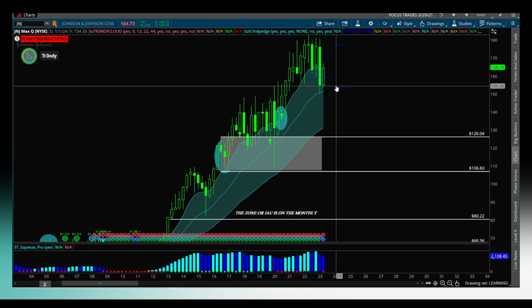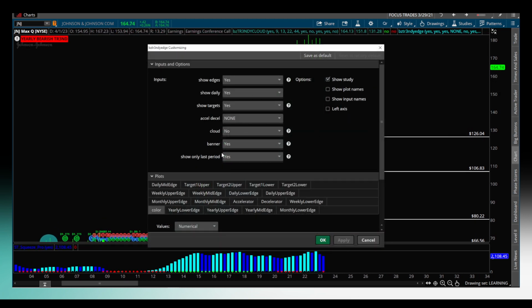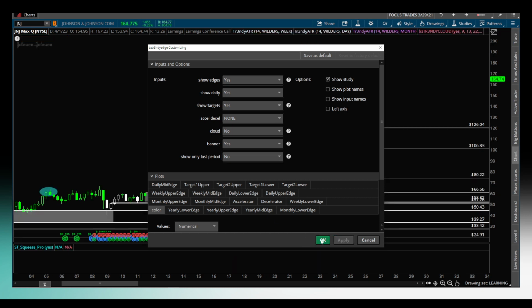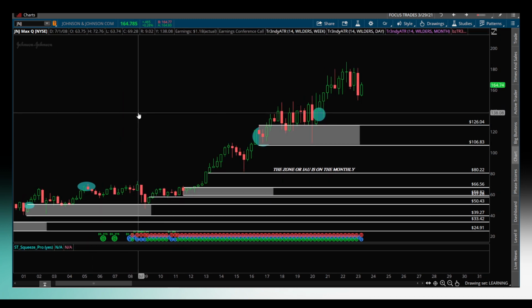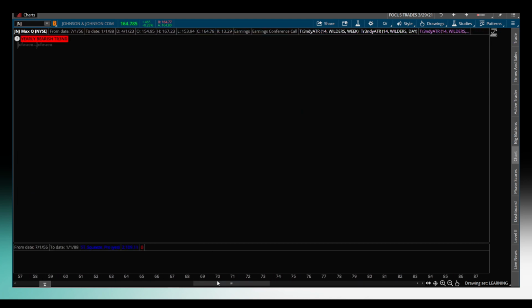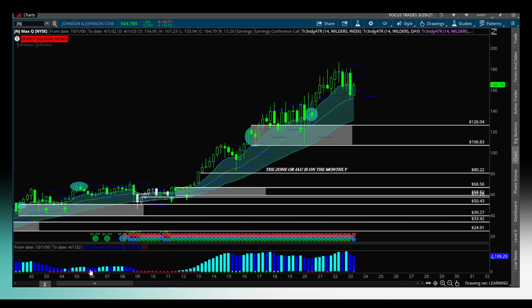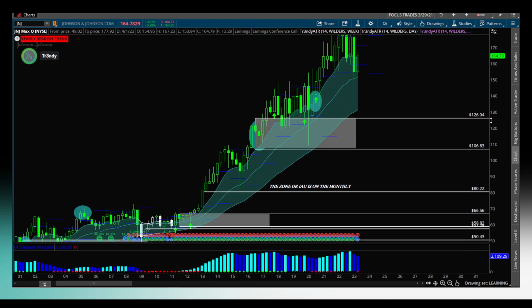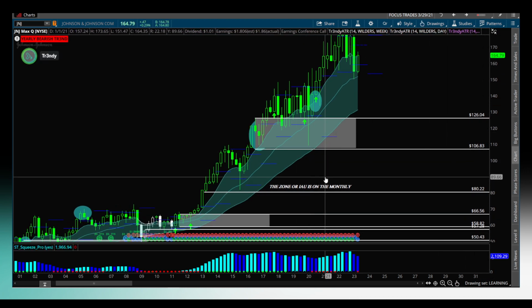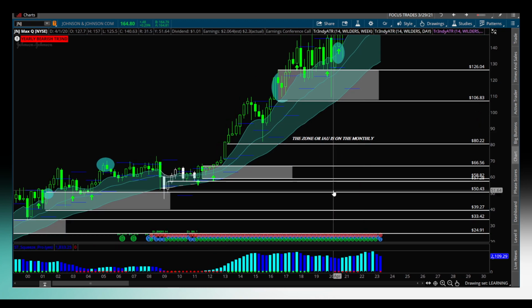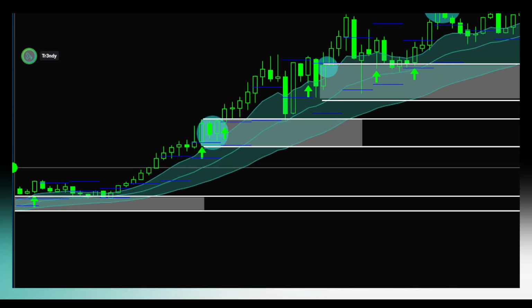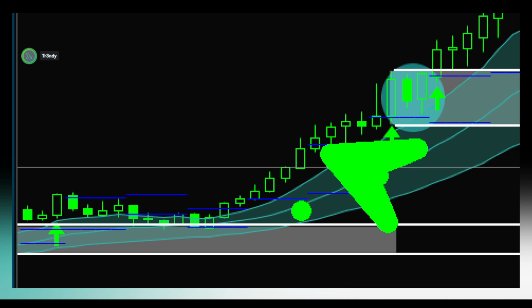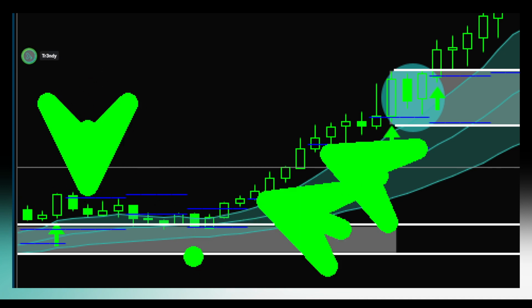The edges are identifying playing fields of demand and supply. Okay. And you can go back, and the cool thing is, if you have these on your chart, you can see why they're powerful.